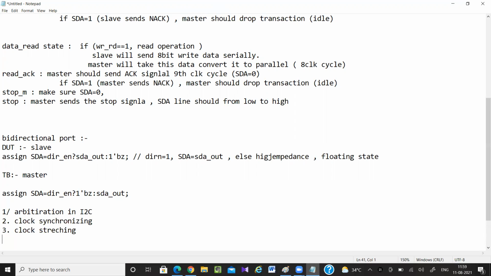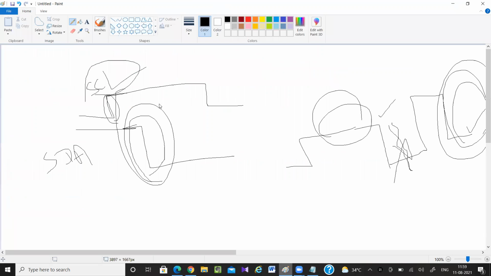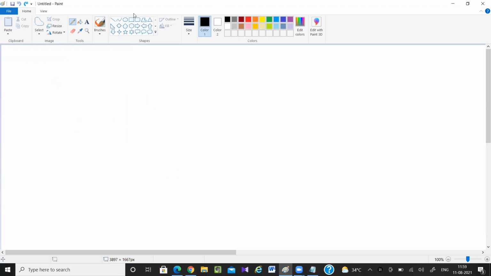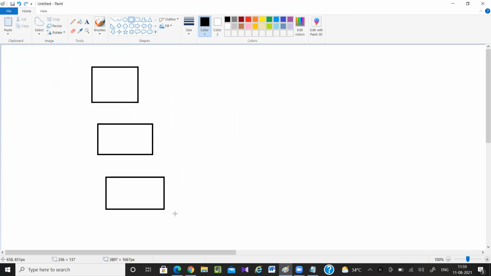Now let's say you have multiple masters, one slave. So how are you going to decide which master should communicate with the slave? Using select lines. Here there is no select line. In the FPV we have select line. Here is there any select line? SDA and SCL.